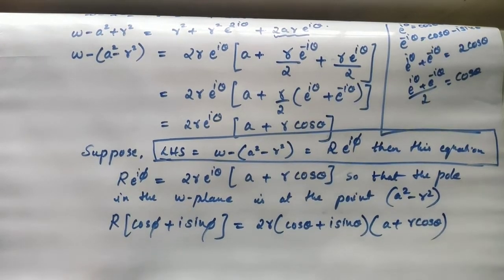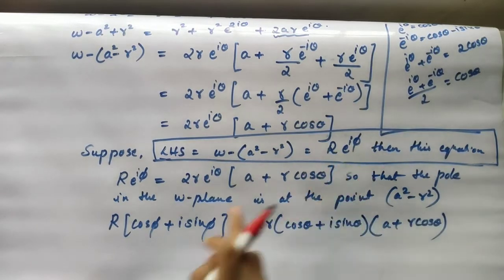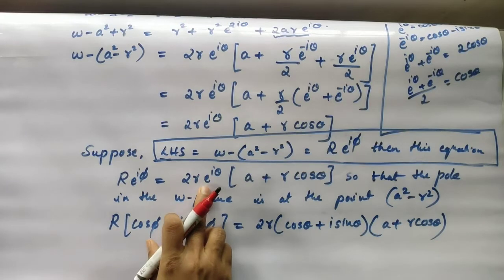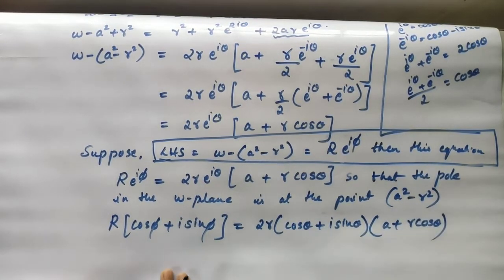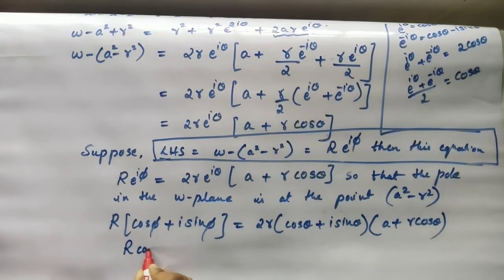Or else, you just remember this step that you have to substitute. Now this is nothing but this, right? So replace it and expand this: cos θ + i sin θ. Now we will equate the real and imaginary parts. The real part on the left hand side is r cos φ.